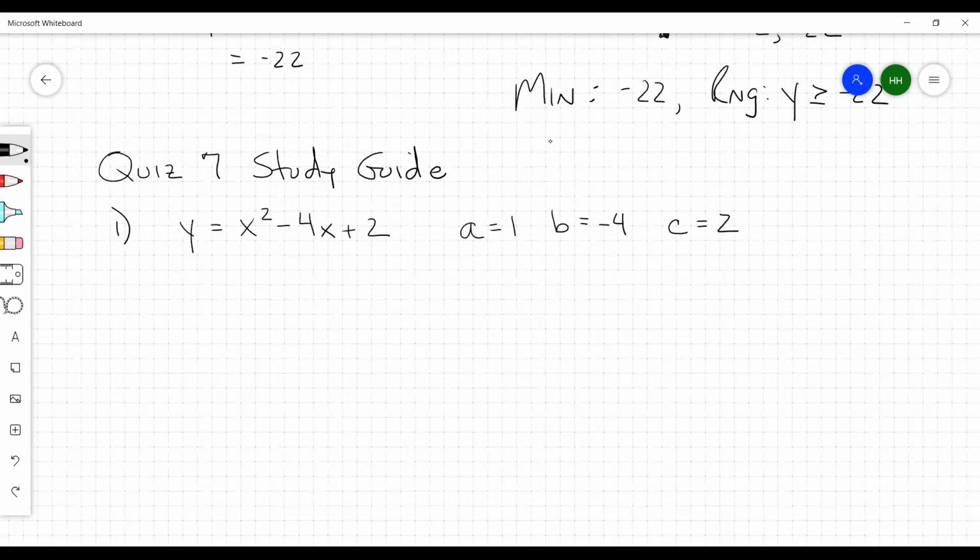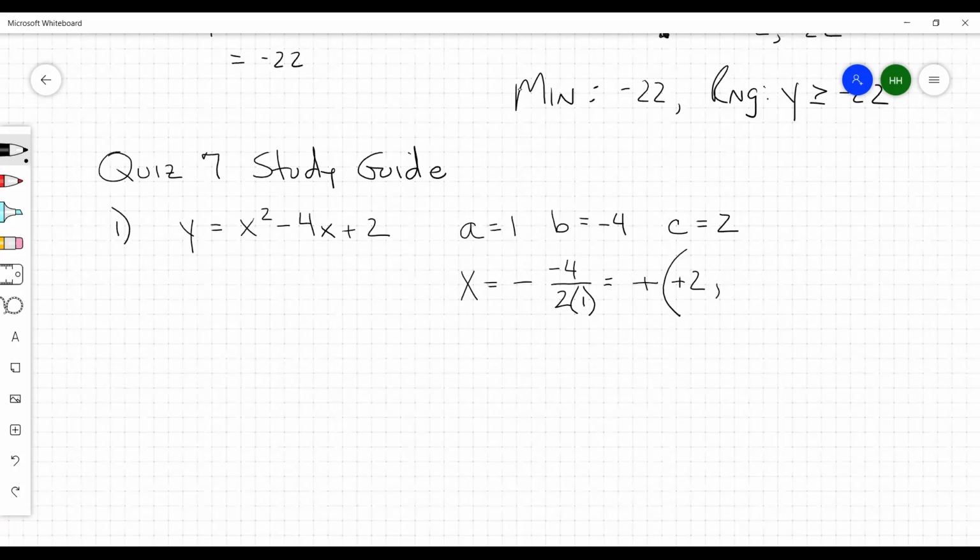Our x at the vertex is equal to the opposite of B divided by 2 times A. So we get the opposite of negative 4 divided by 2. Negative 4 divided by 2 is negative 2, so the opposite of negative 2 is positive 2. So our x at the vertex is positive 2.